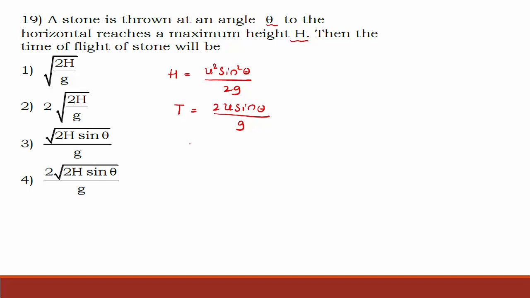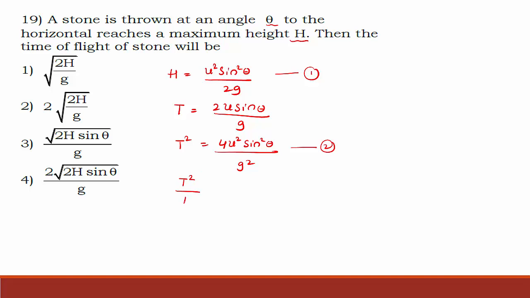Here I am going to square the above equation. So we can write t square equal to 4 u square sin square theta divided by g square. This is equation 1 and this is equation 2. Now easily we can use equations 1 and 2.